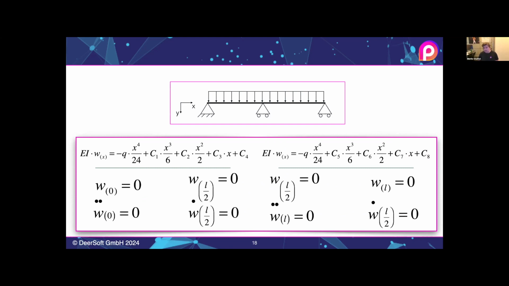All the assumptions that are needed for this calculation are listed in this table. We will currently only have a look at W at the point 0 equals 0, which is another way of saying that at the start of the truss, where the hoist is, there is no deflection.